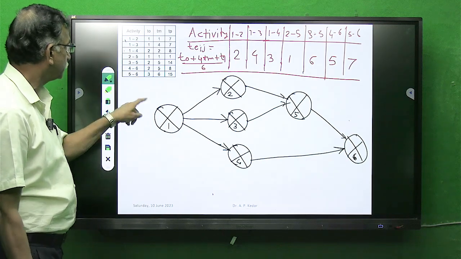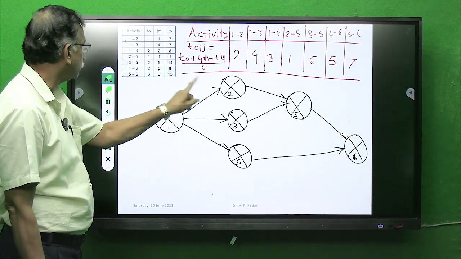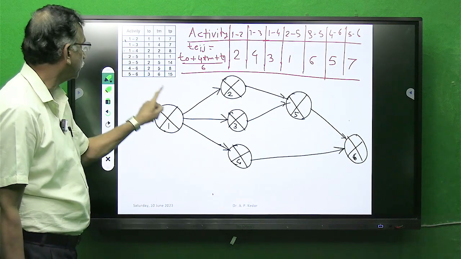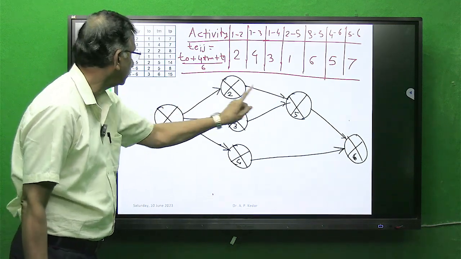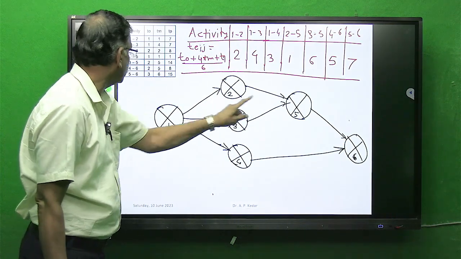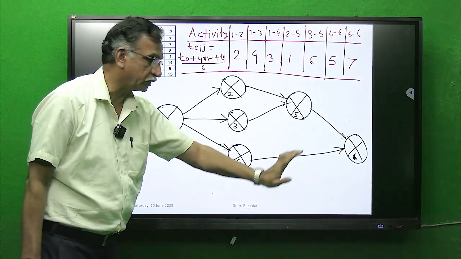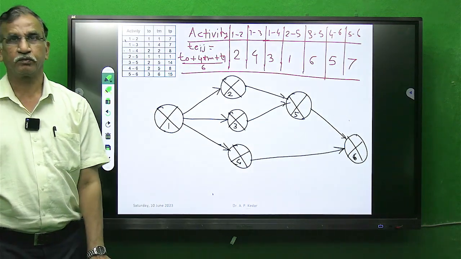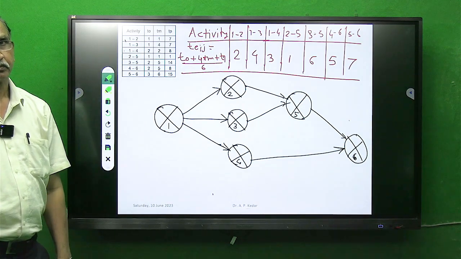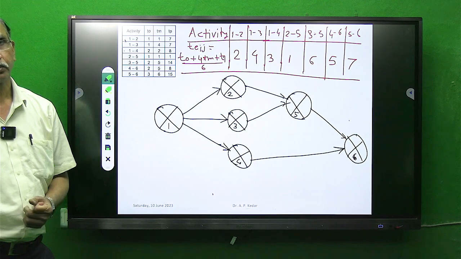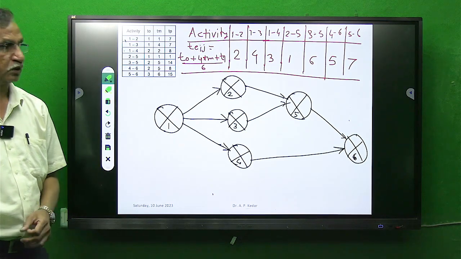How? See here: 1 to 2, yes; 1 to 3, yes; 1 to 4, yes; 2 to 5, 3 to 5, 4 to 6, 5 to 6, yes, done. Now I am sure my network is correct. How much time did it take? Hardly some seconds.